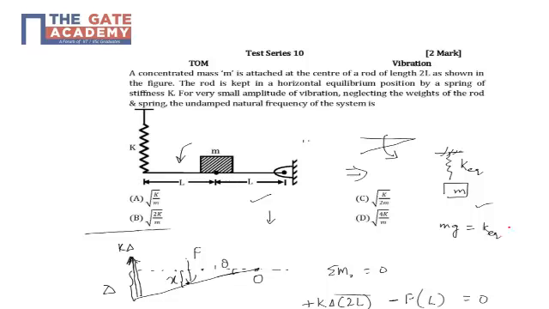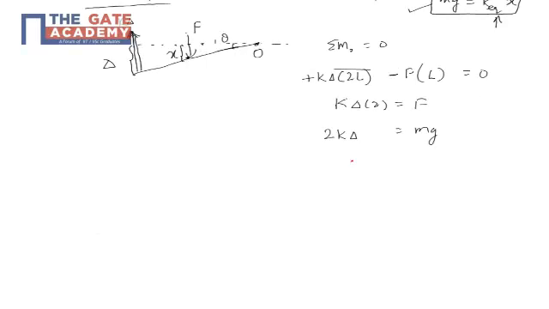When I have a spring mass system with k equivalent as my stiffness, at equilibrium mg is k equivalent into x. So I'll write down the equilibrium and try to bring it into this form, then I can get the equivalent stiffness such that this system can be replaced with a single spring mass system with stiffness k equivalent.